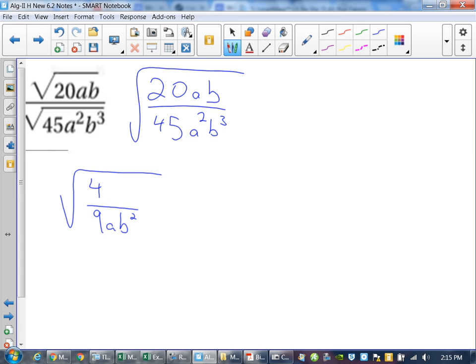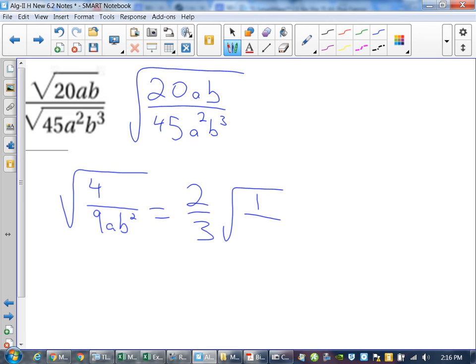You get to that spot, right? Yeah. So now, what can you simplify? Well, what's the square root of 4/9? 2/3. So you have 2/3. And now you still have in here 1 over ab squared.